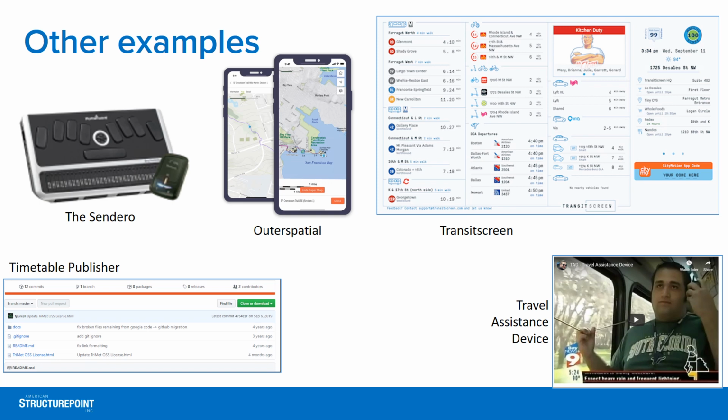However, as you progress along your journey, the TAD app compares your smartphone's location to that of your desired destination, prompting you when to pull the cord to get off the bus. So these are just a few of the examples that use GTFS.